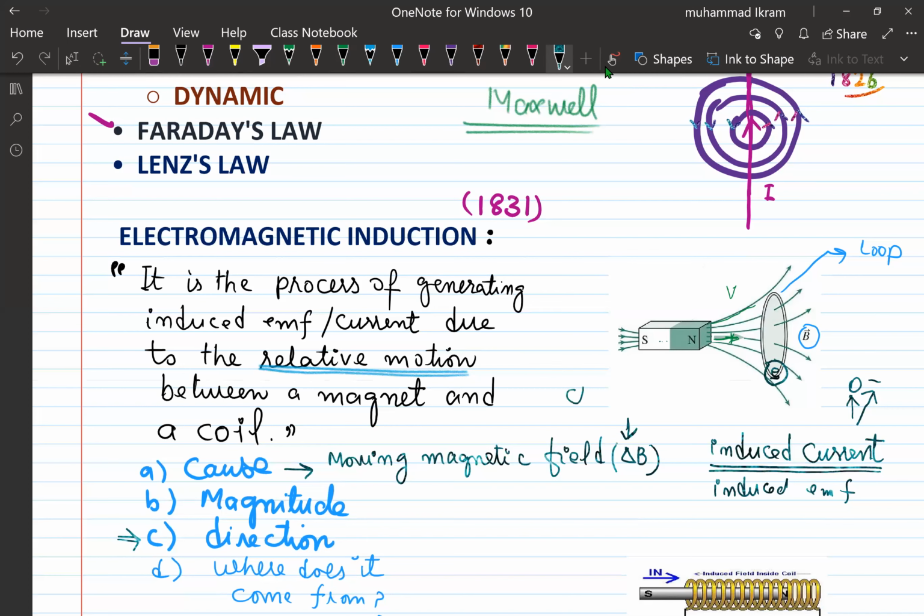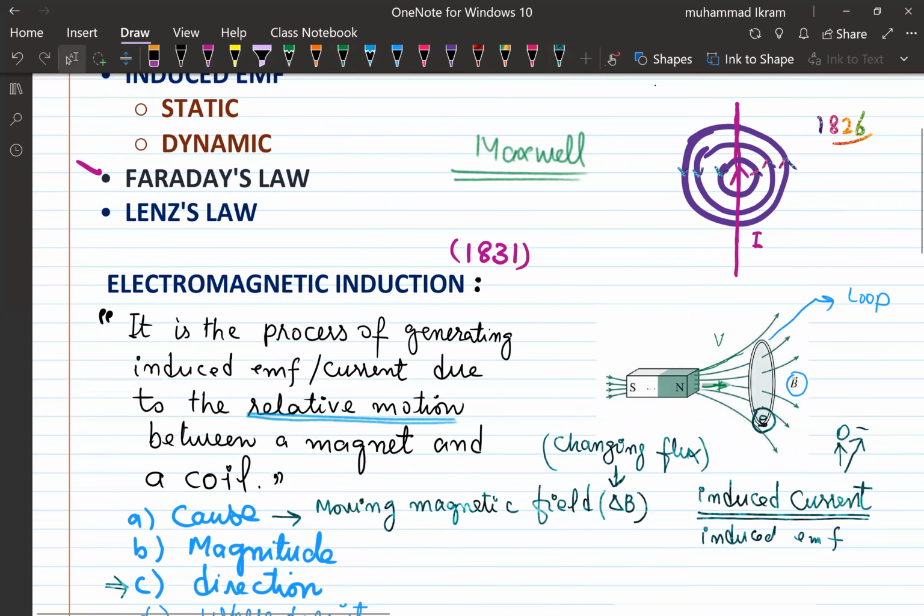This is changing flux. Rather, I would say that this causes a change of flux. So what I can write here is that the exposure of the conductor to the changing magnetic field results in electromagnetic induction.